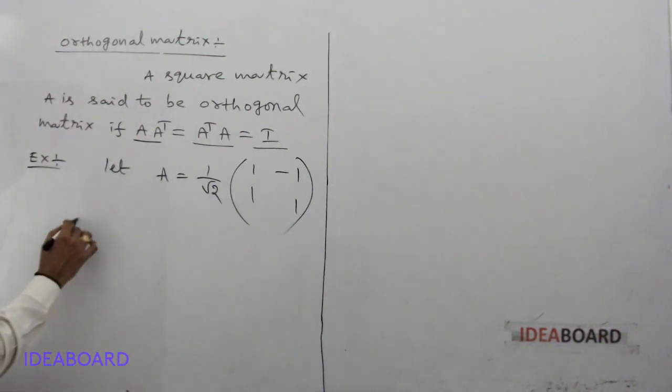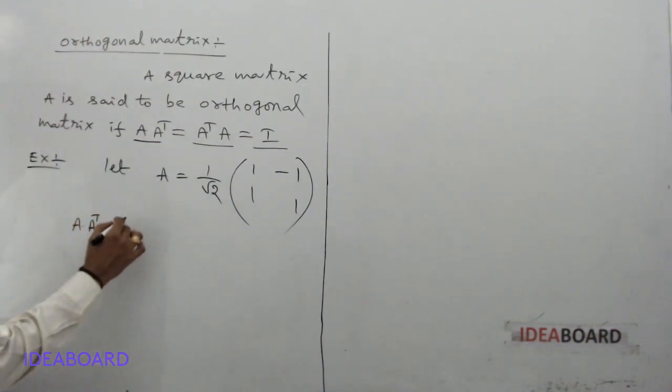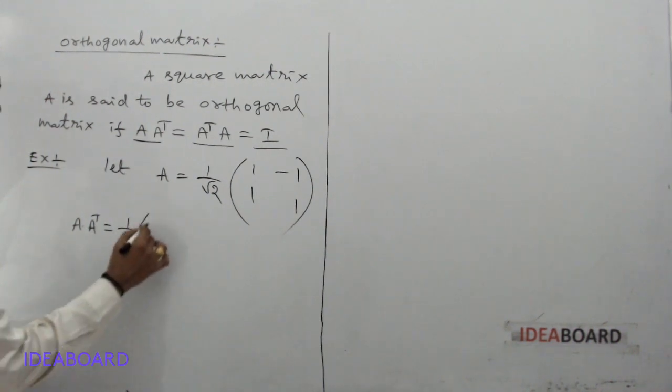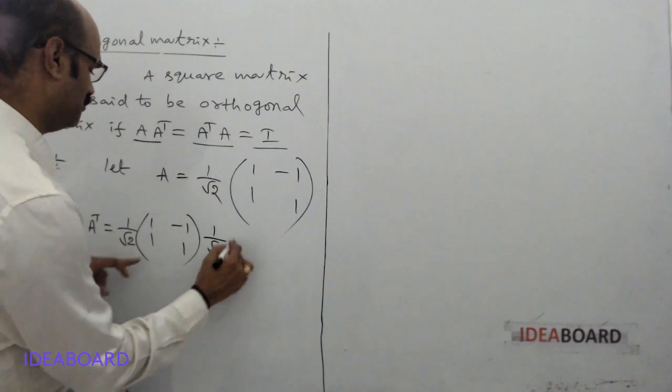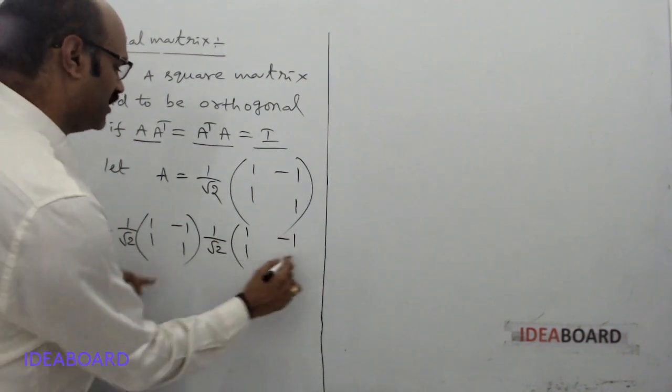Now, take A into A transpose. 1 by root 2 into 1 minus 1, 1, 1, times A transpose, which is 1 by root 2 into 1, 1, minus 1, 1.